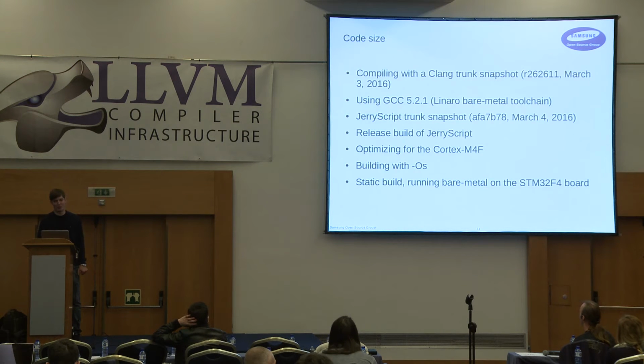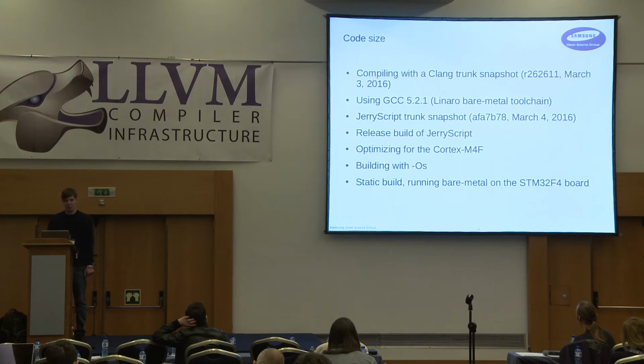Before I show some measurement results, I just want to say a couple of words about the different compiler versions being used. On the Clang side, we have a trunk snapshot about 2 weeks old now. On the GCC side, this is a 5.2 Linaro bare metal toolchain.